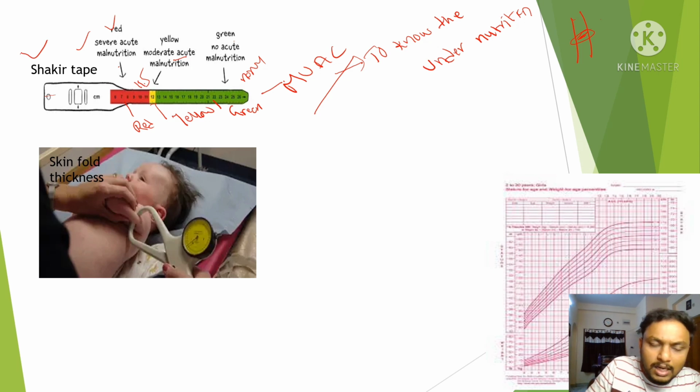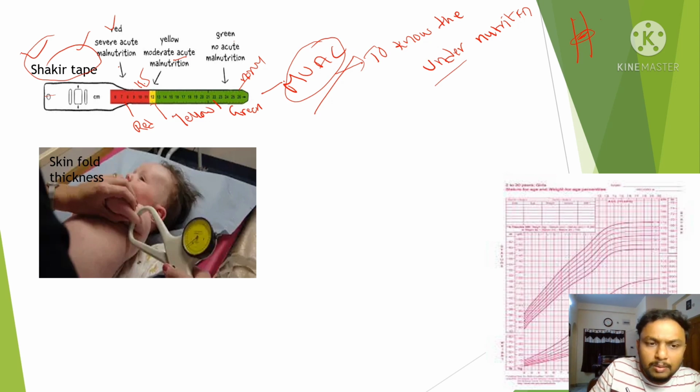If it is 11.5 to 12.5, yellow color indicates moderate acute malnutrition, and green color means no acute malnutrition. So this is about the use of Shakir tape, which we tie at the mid-upper arm circumference to know the undernutrition status.